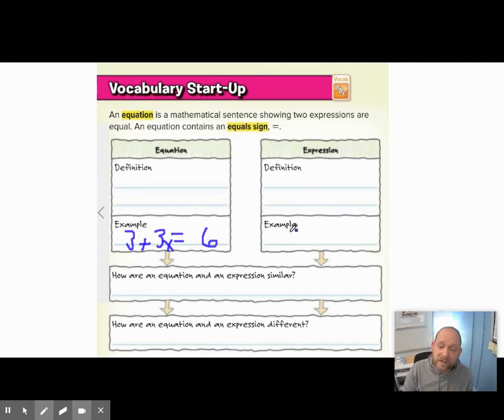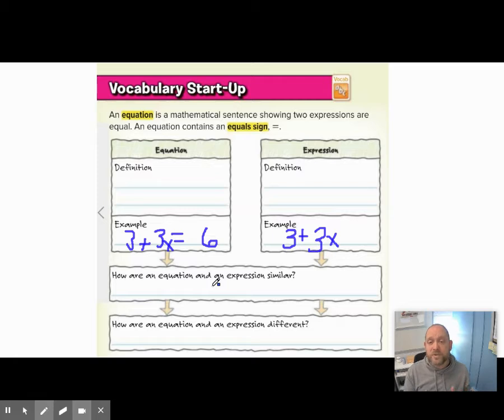Over here, an expression, well, this is the same thing. It's still showing a real-world situation using mathematical terms, but I don't have an equal sign. I'm not showing that two expressions are equal, so this is an expression, not an equation. And there's the difference. How are they similar?